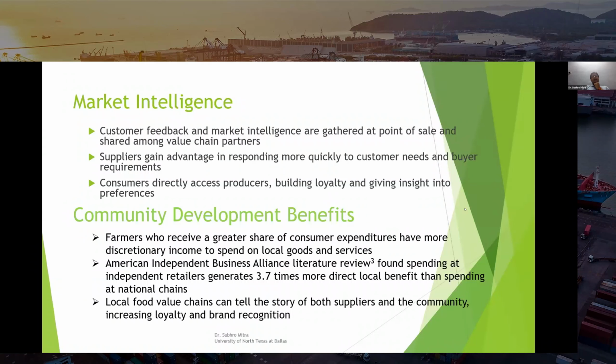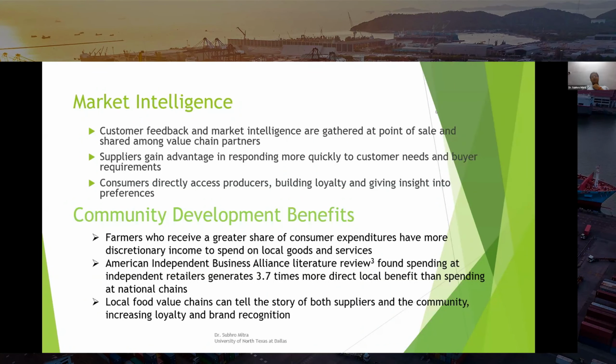The suppliers gain advantage in responding more quickly to customer needs and buyer requirements. Oftentimes this is not possible, or the suppliers don't have enough information, so they make a lot of wrong decisions, which in turn leads to a lot of wastage of agricultural freight.